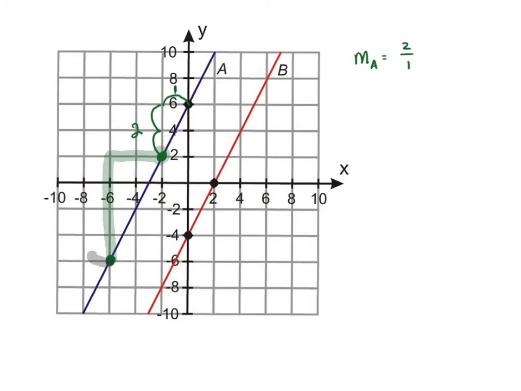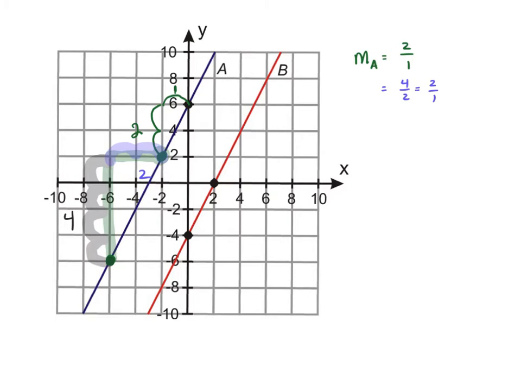I rise 1, 2, 3, 4. So my rise was 4. And this time when I run to get to that other point, I run 1, 2. So I ran 2. So my rise in this case was rise 4, run 2. Well, that's the same as 2 over 1, both divisible by 2.